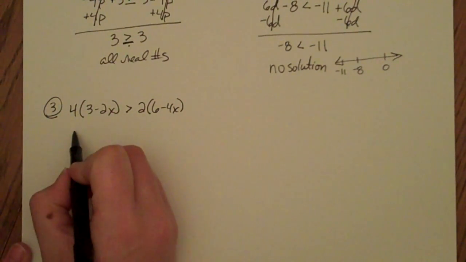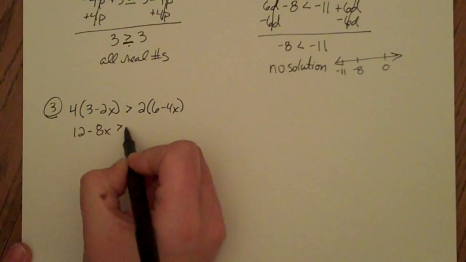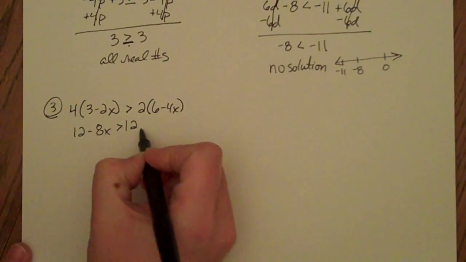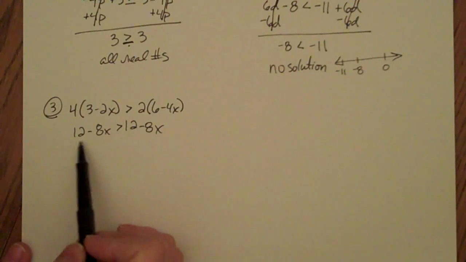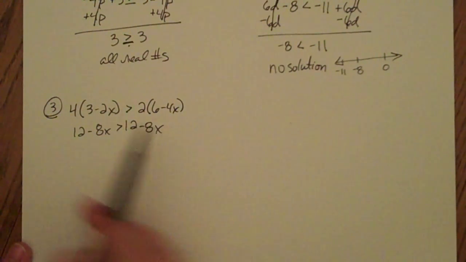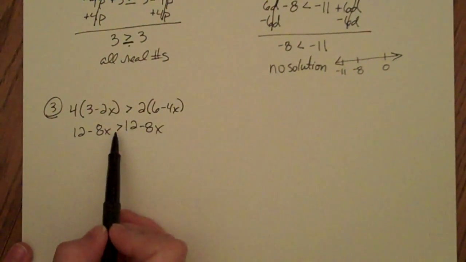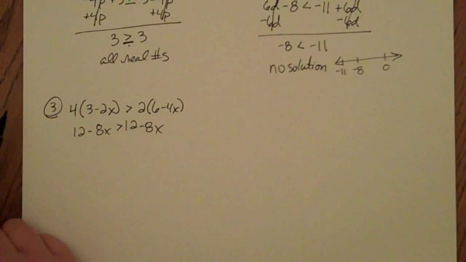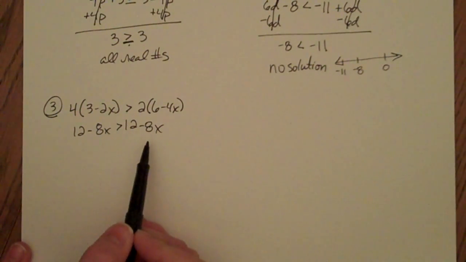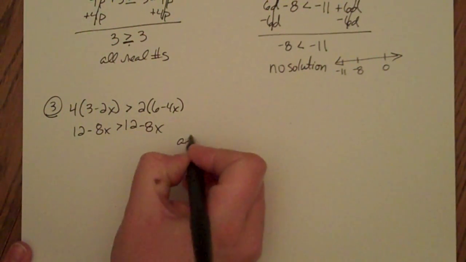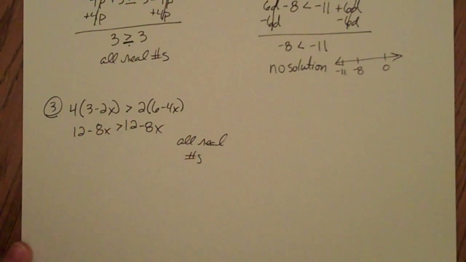So on the left-hand side here, we have 12 minus 8x is greater than, and on the right side, 12 minus 8x. Well, we should notice at this point that we have exactly the same thing on both sides. And we have a greater than, not a greater than or equal to. So at this point right here, we should recognize that this is an all real numbers problem.